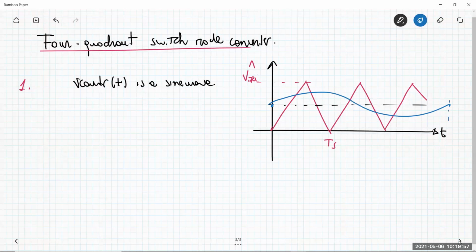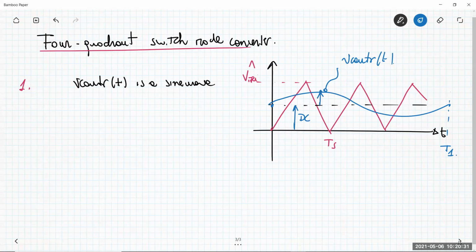Let's suppose that the period of this sine wave as a control voltage is T1. This is a DC quantity, and then you have something that goes up and down around this DC quantity, like an offset, and this is the AC contribution.